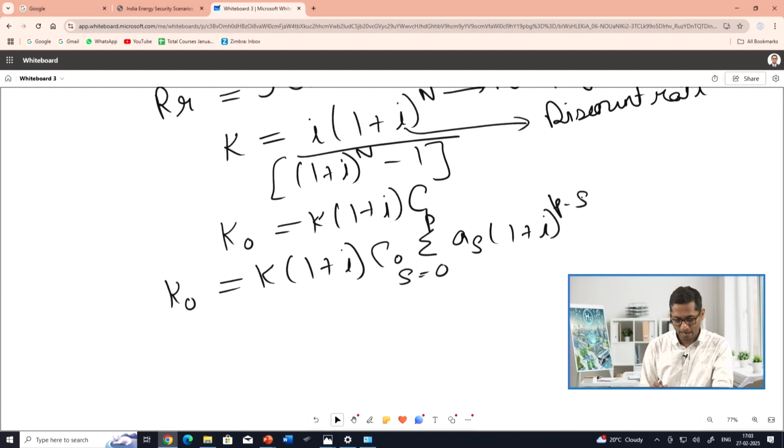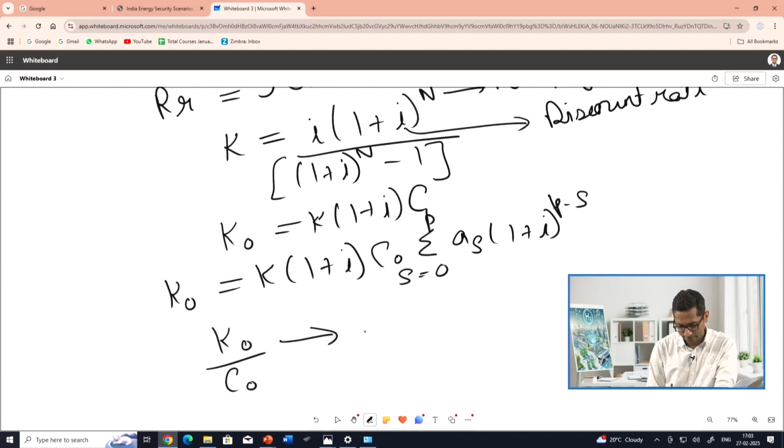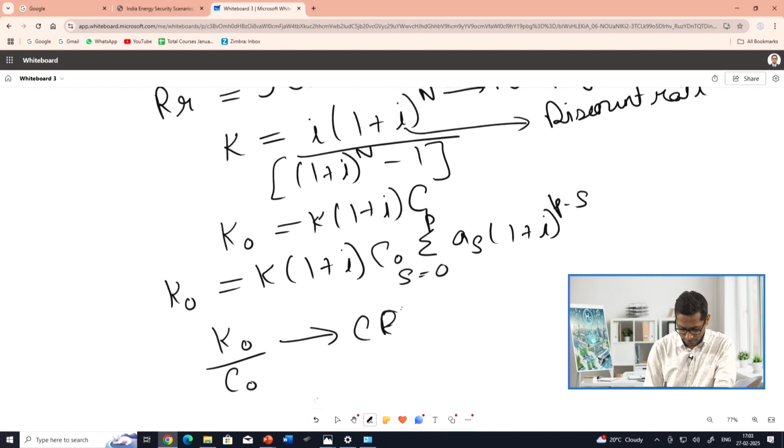And what I am mainly interested in is this factor k naught by C naught. So this is basically the capital recovery factor or the capital charge.